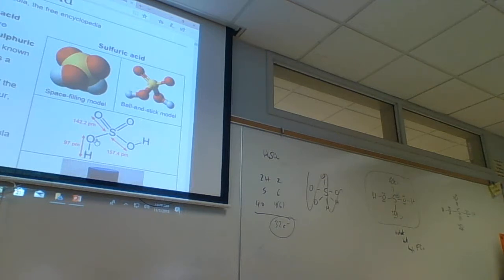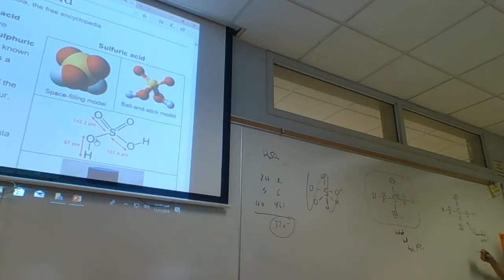Do you see what happened here? Now look at the formal charges. The formal charges are all 0. But what we have in here is an expanded octet. What we call an expanded octet.